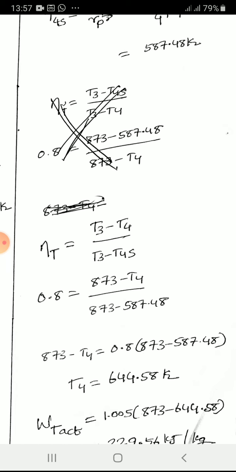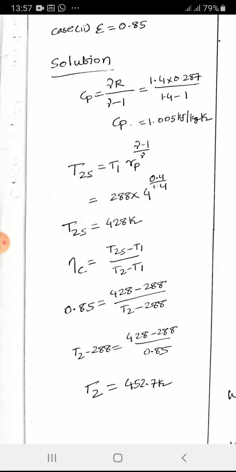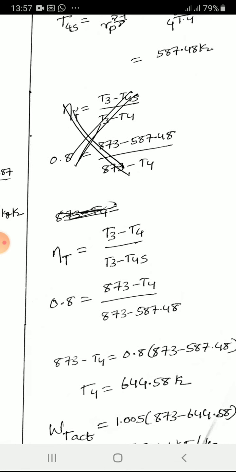So now turbine work will be equal to T3 minus T4, that is the actual work derived from the turbine, and T3 minus T4s is the maximum possible work from the turbine. So actual work divided by maximum possible work is the turbine efficiency, whereas minimum possible work by actual work is the compressor efficiency. Turbine efficiency is actual work by maximum possible work. So in the ideal case, the turbine should extract maximum work.